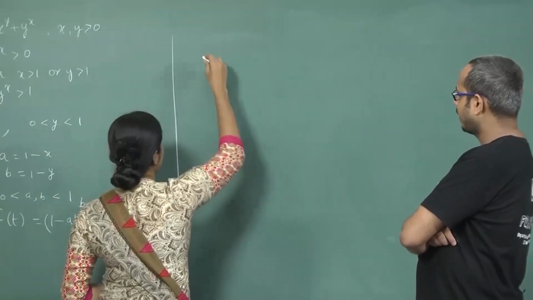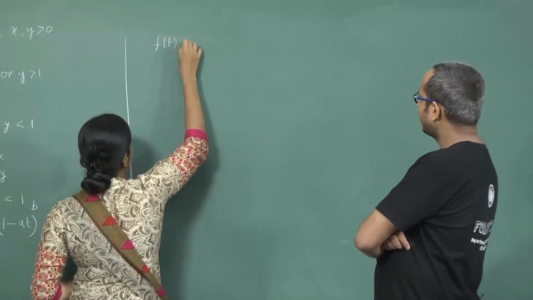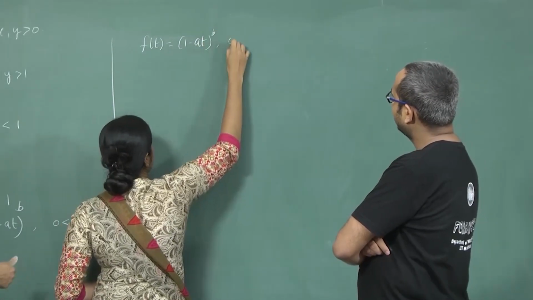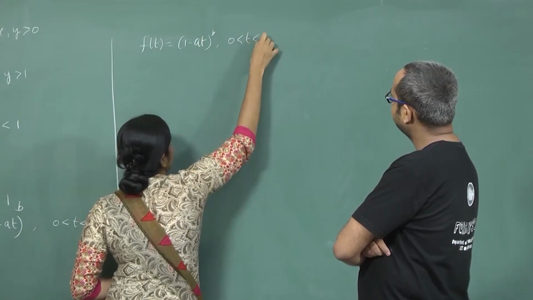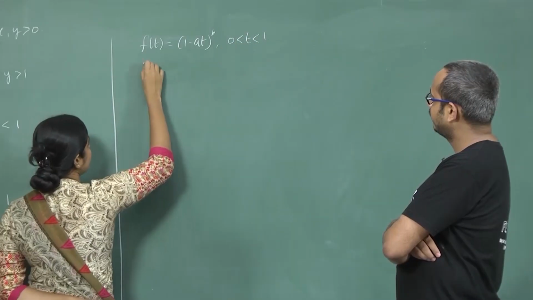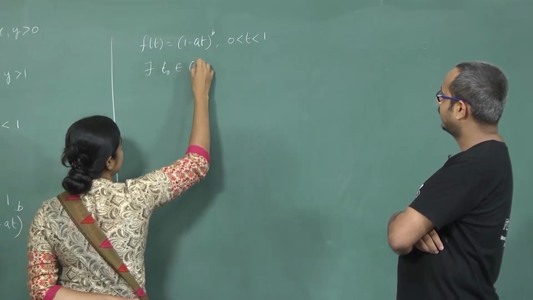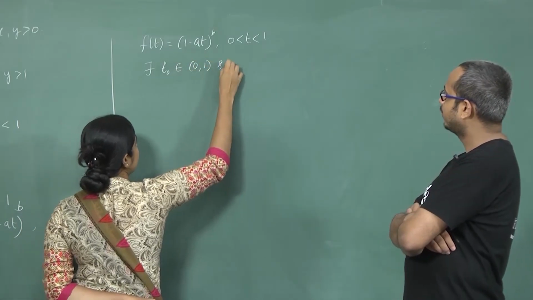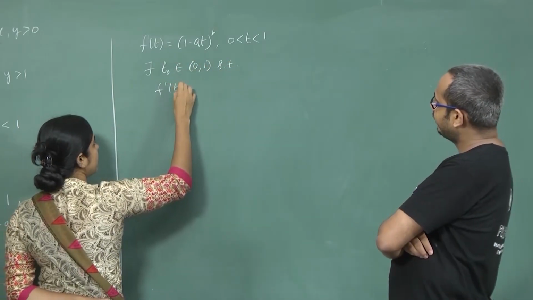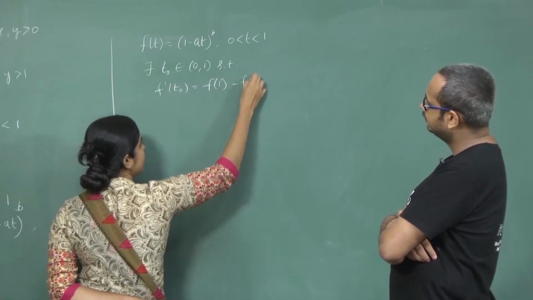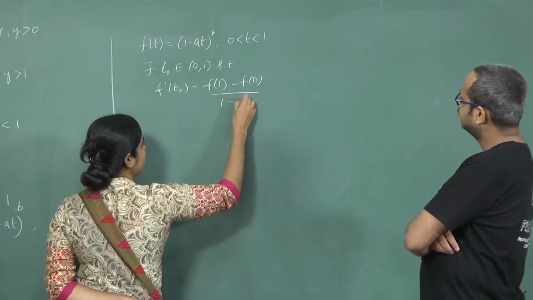So I have f of t equal to 1 minus a t to the power of b, for 0 less than t less than 1. By the mean value theorem, there exists a t naught in the interval (0,1) such that f dash of t naught is equal to f of 1 minus f of 0 by 1 minus 0.